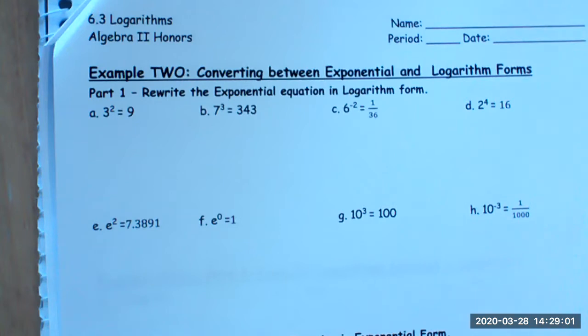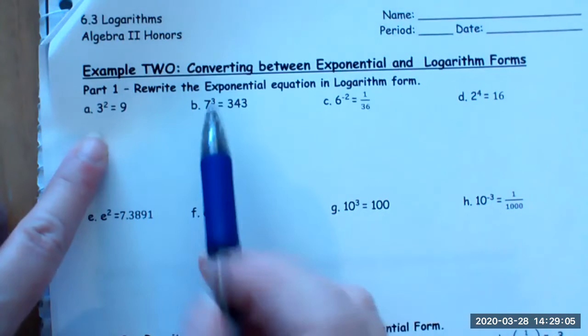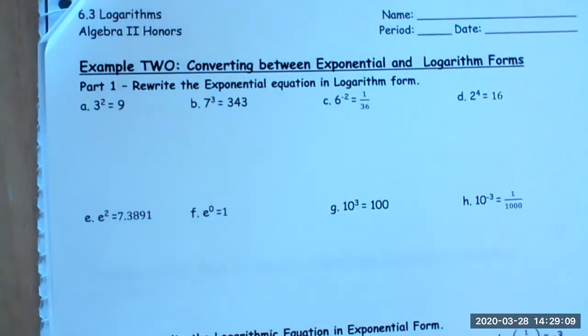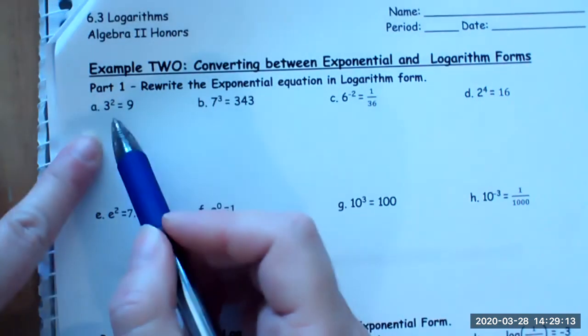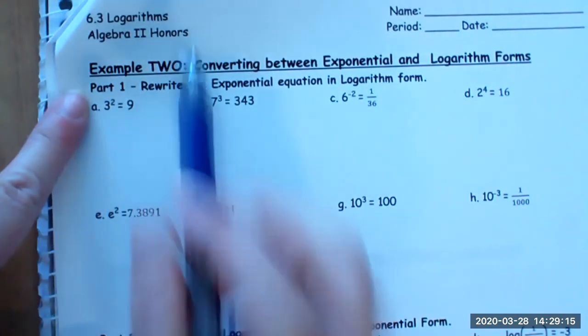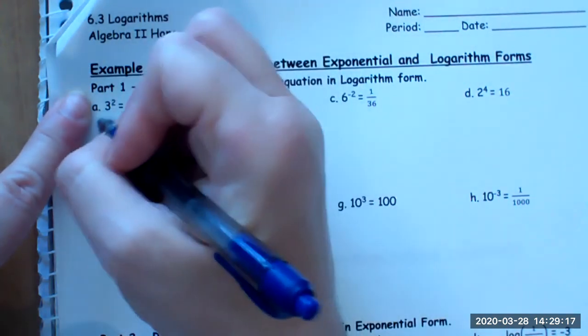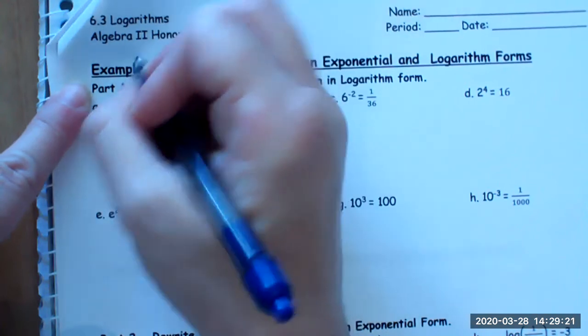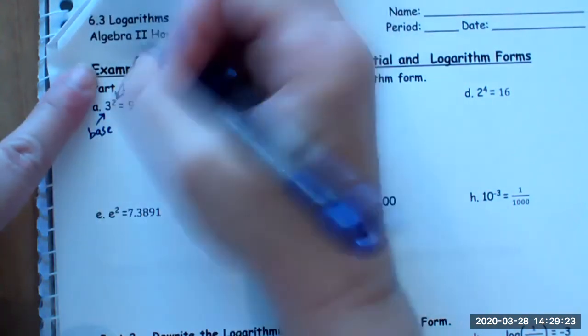That way you can break it up for yourself. Okay? So we're going to look here at rewriting exponential equations in logarithmic form. And again, we're just going to review what we've already been talking about. We can see we've got the base here. And here is the exponent.